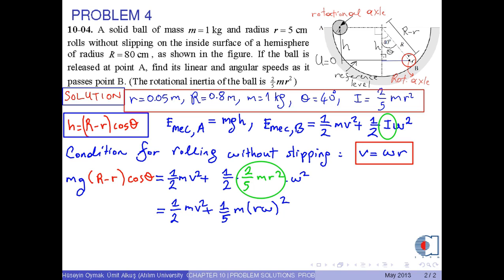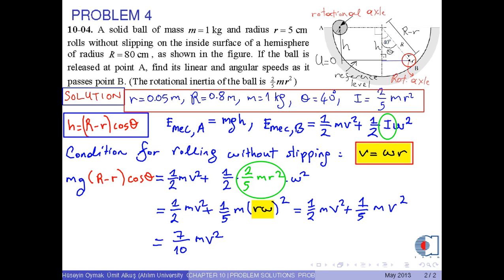And since r times omega is v, we obtain 1/2 times m times v squared plus 1/5 times m times v squared. Then the final result is 7/10 m times v squared.